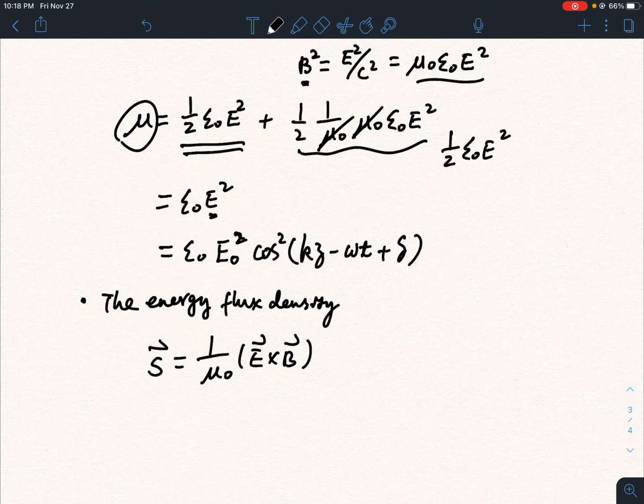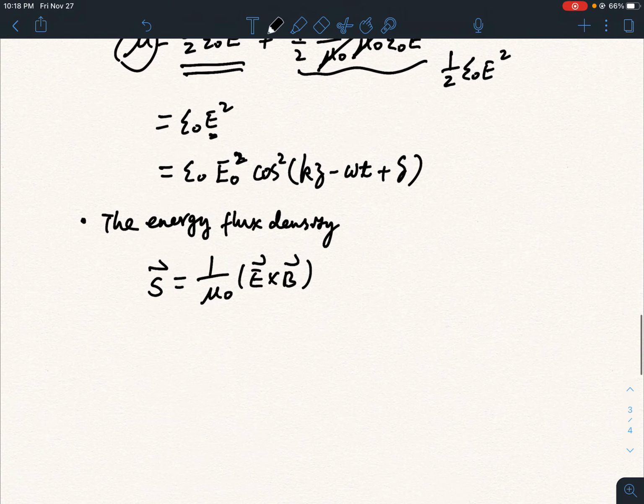Then we have the work-energy theorem for energy conservation. So this is the energy flux density, which is defined as energy per unit area per unit time.